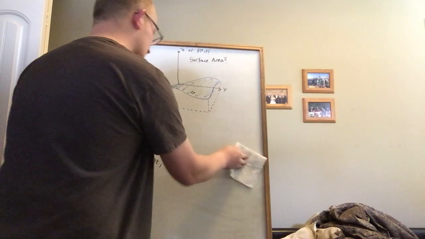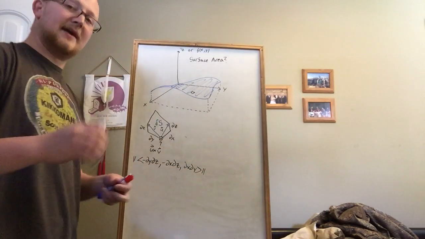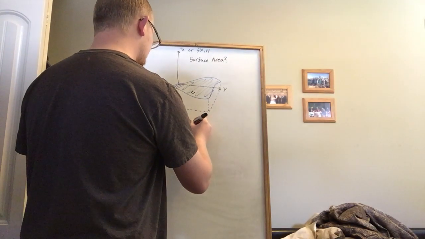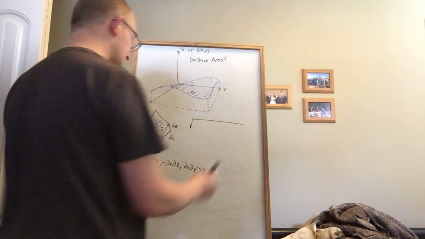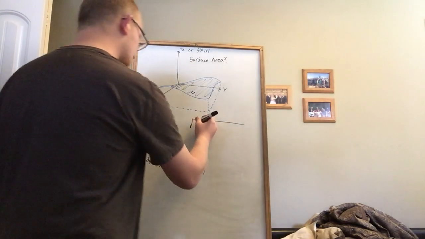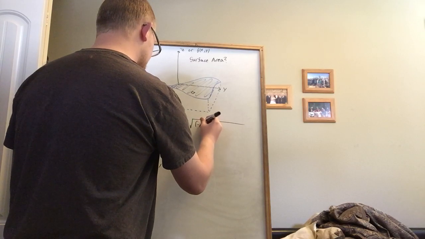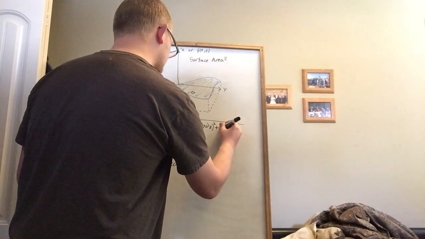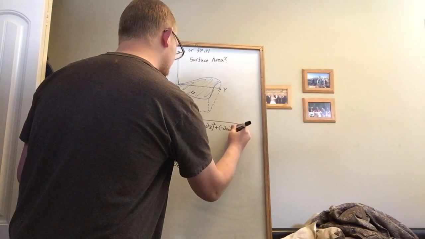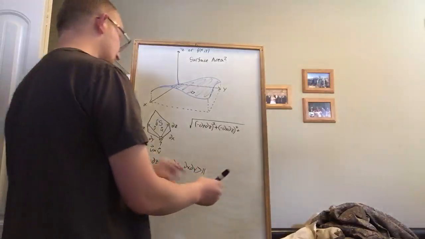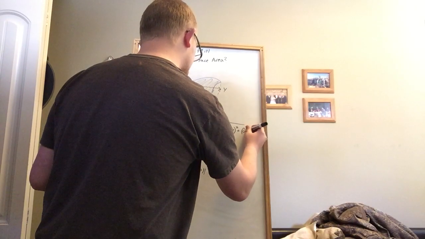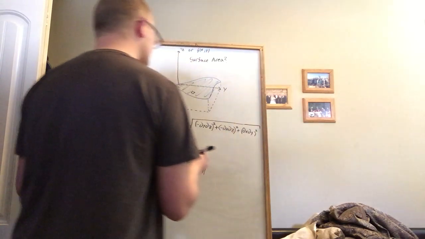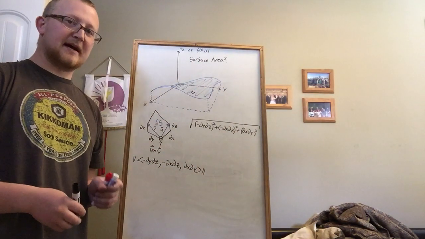For the magnitude, we're just going to use the concept of Pythagoras' theorem. So the magnitude of u cross v is equal to the square root of the x component, dy dz, squared, plus the y component, dx dz, squared, plus this component here, dx dy, squared. And so this is the area of this little surface element.